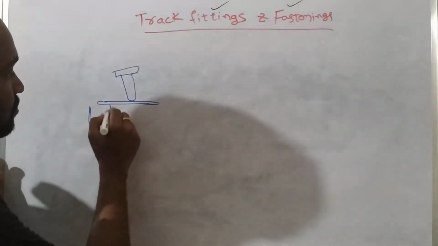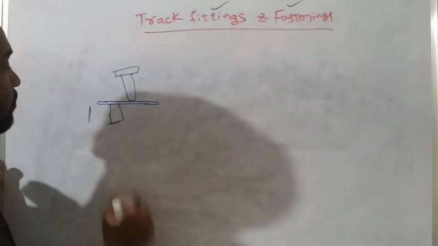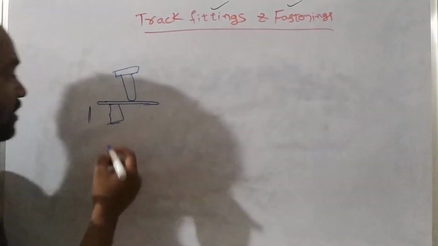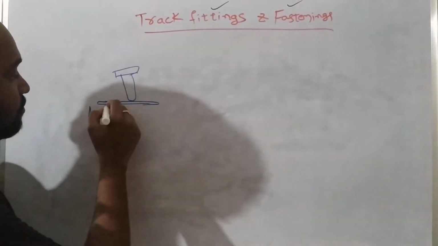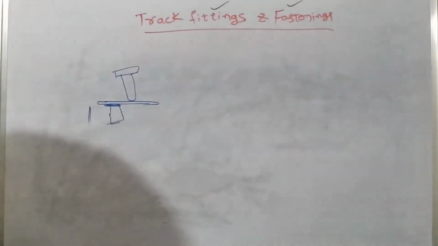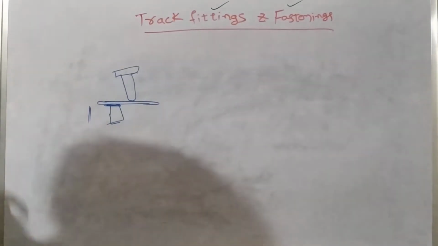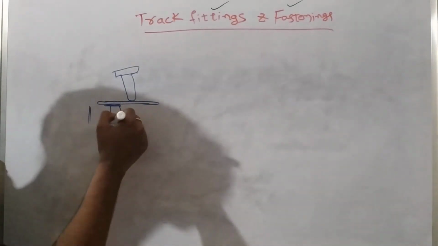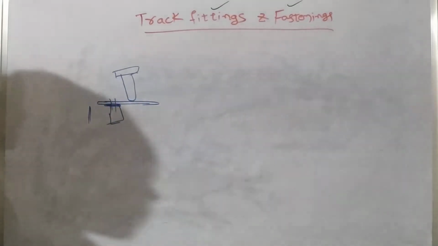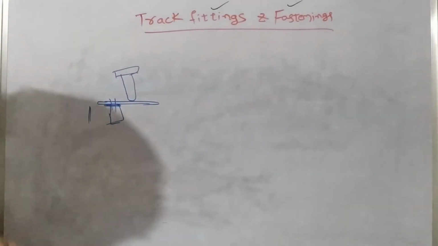To fix that sleeper to the rail, we can use in between them a plate called a bearing plate. Bearing plates and sleepers can be connected by using bolts, called bearing bolts.